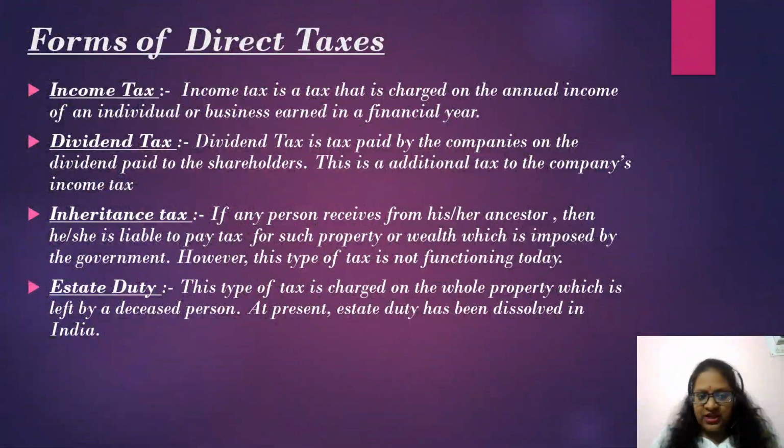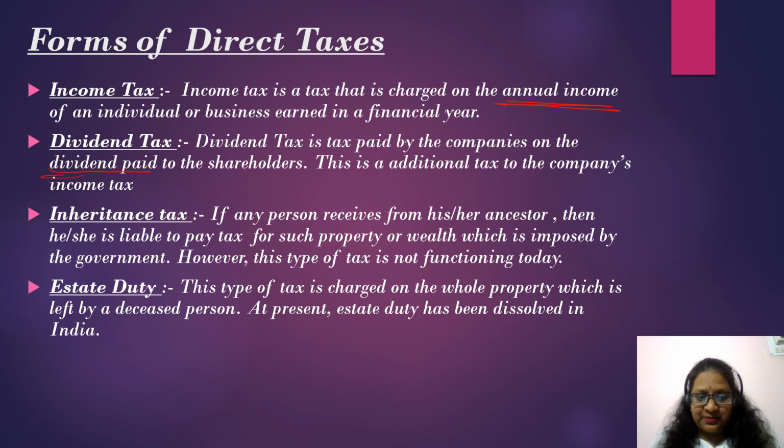Now there are four types of direct taxes which we have: income tax, dividend tax, inheritance tax and estate tax. The income tax is a tax that is charged on the annual income of the individual or business earned in a financial year. Now dividend tax is paid by the companies on the dividend paid to the shareholders.